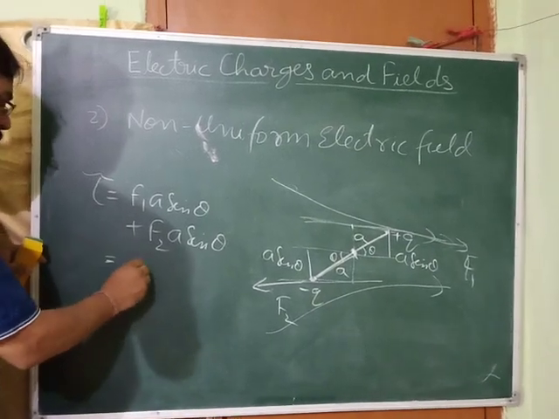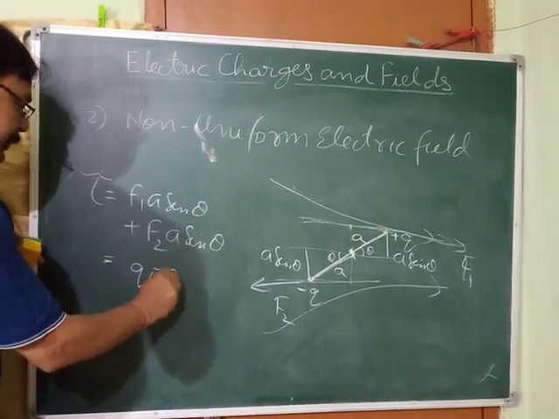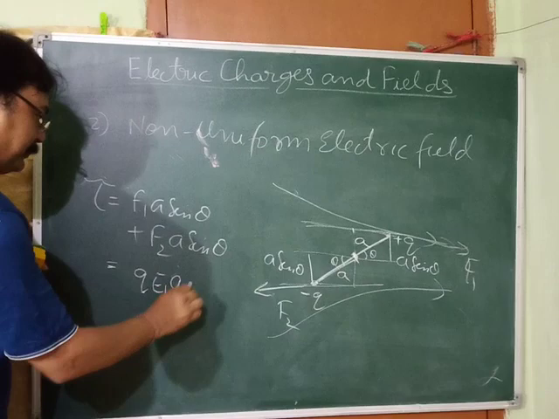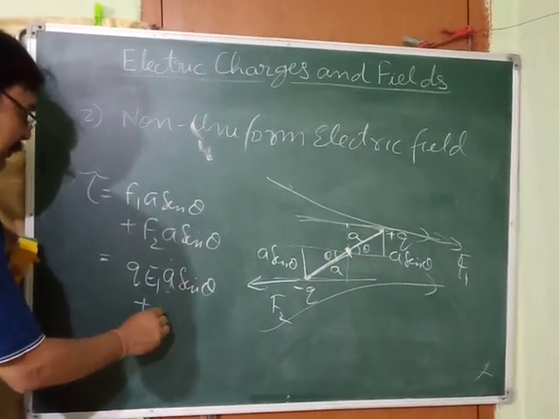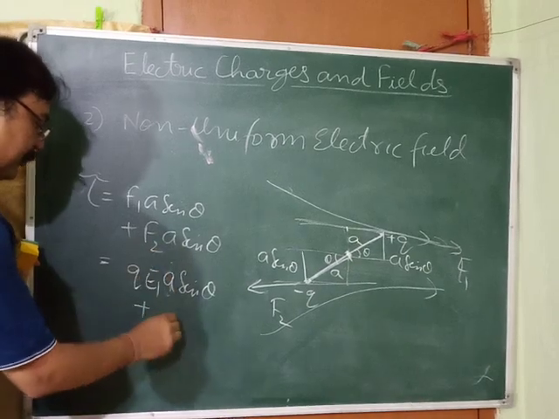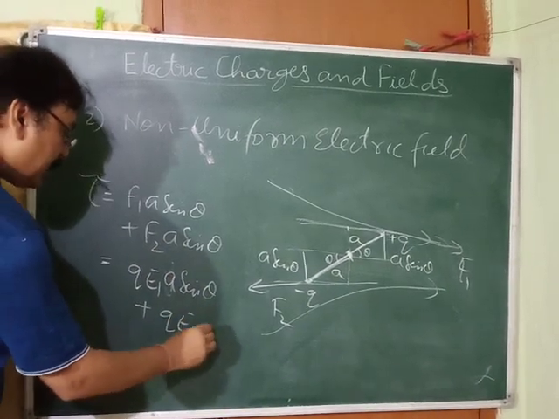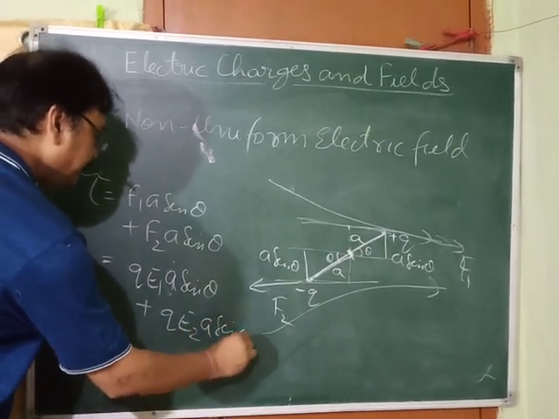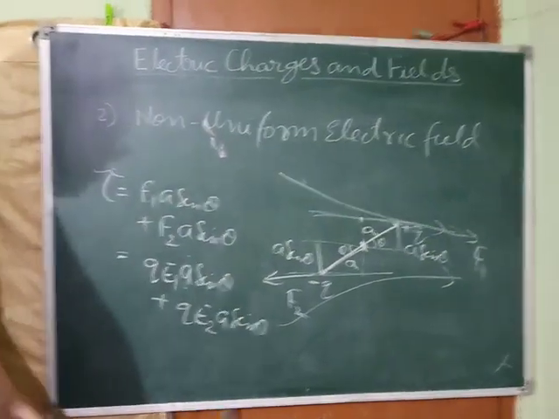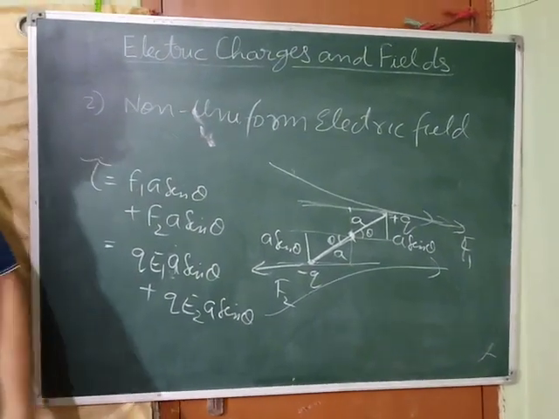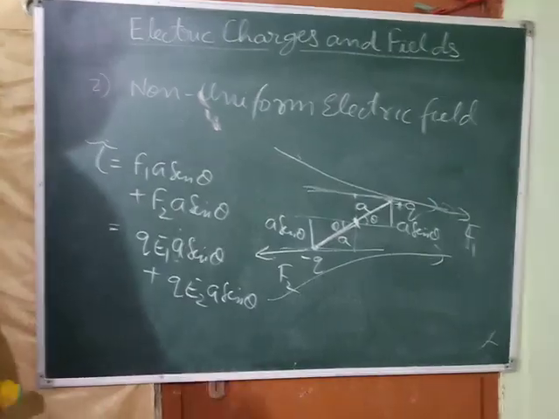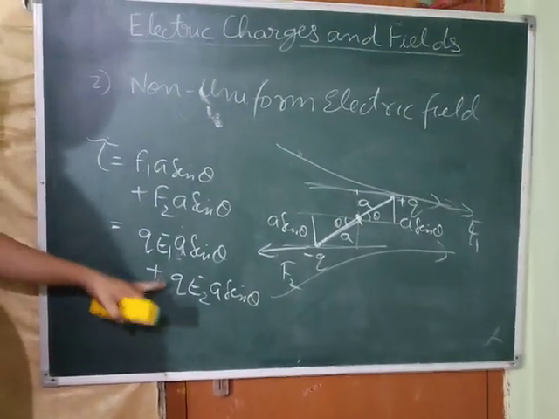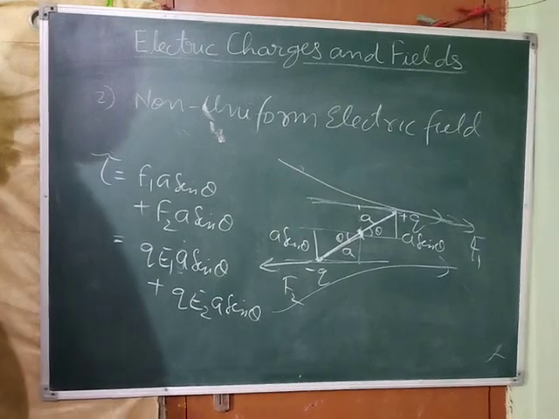F1 we know is QE1, so QE1 A sin theta plus, what is F2? It is QE2 A sin theta. So due to this we will get a torque. So this is QE2 A sin theta.